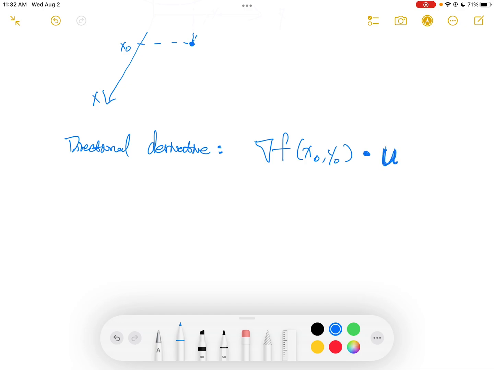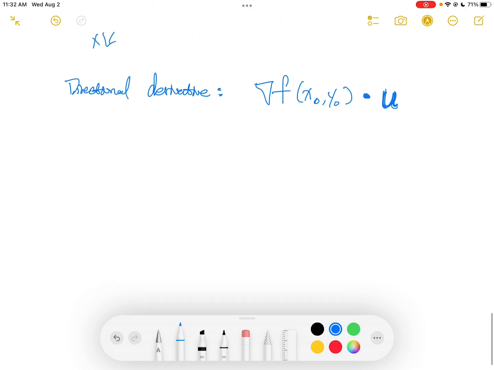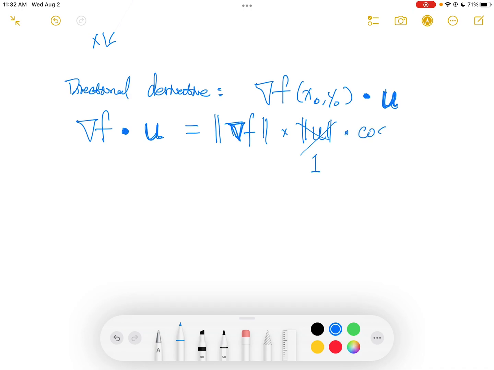Now we can use a dot product identity: the gradient vector dot u equals the magnitude of the gradient vector times the magnitude of the unit vector, which is just 1, so we can ignore it, times cos theta.